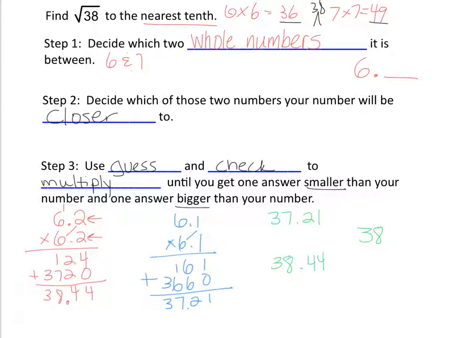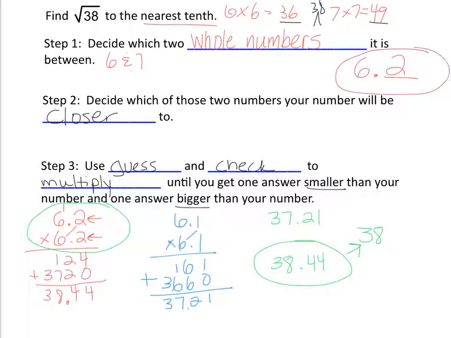And so what that tells me is that the 38.44 is actually closer to the 38, and that means that my answer is going to be the 6.2 that I multiplied together to get my 38.44. So the final answer would be 6.2, and that would be the nearest tenth place value closest to what we could get to the 38.